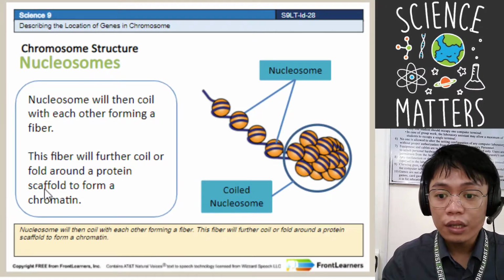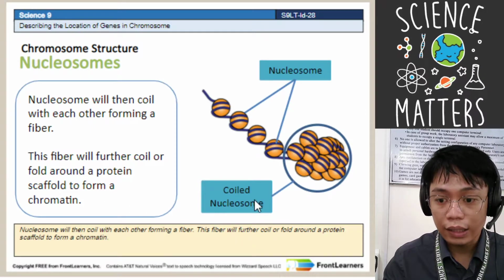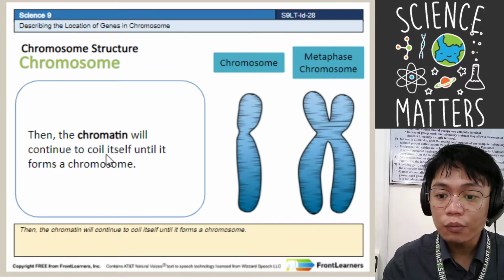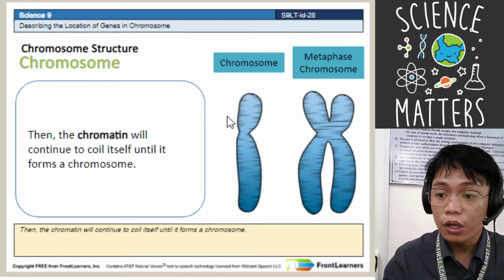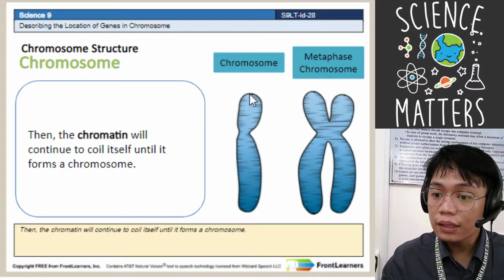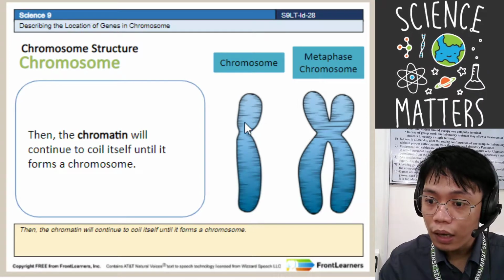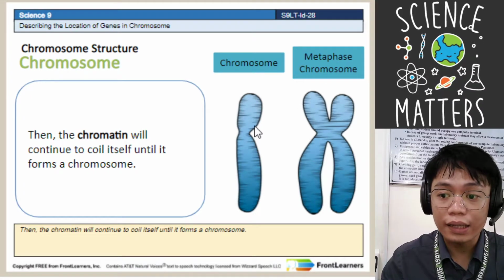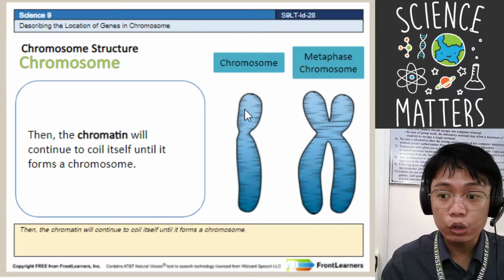Naintindihan? So, this fiber will further coil or fold around the protein scaffold to form a chromatin. Okay? Now, to continue, the chromatin will continue to fold itself until it forms a chromosome. So basically, doon sa pinaka-edge ng ating chromosome, doon mo makikita yung strands of DNA na may nakabalot na histone at saka coiled nucleosome.